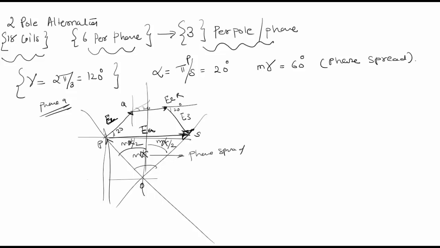Now it's simply possible to say that if you have these two vectors and you project them onto the x-axis, what you will get for this whole distance is your EA equal to 2 PQ of sine of m alpha by 2, and if you have this voltage PQ, 3 times PQ was equal to your voltage.